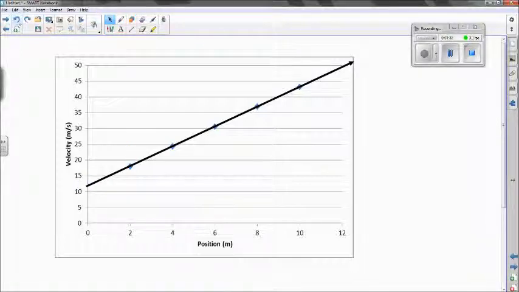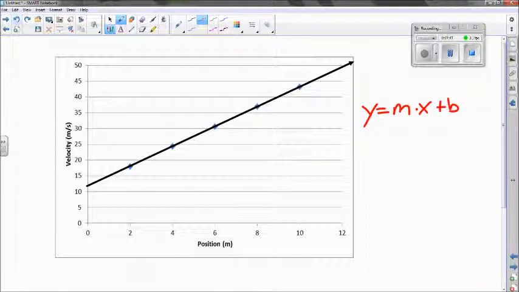So remember, we write the equation based on the format y equals m times x plus b. But one of the things I see a lot of students still doing is, because the first couple of graphs that we did were position versus time graphs, I see a lot of people just going, oh, this has to be x equals something times t. But remember, you have to build the whole equation from the actual graph.